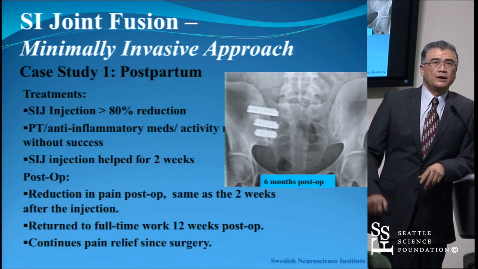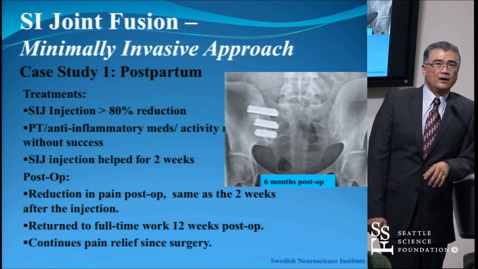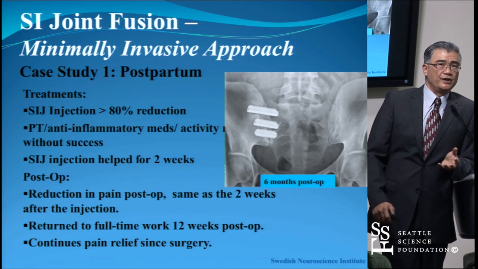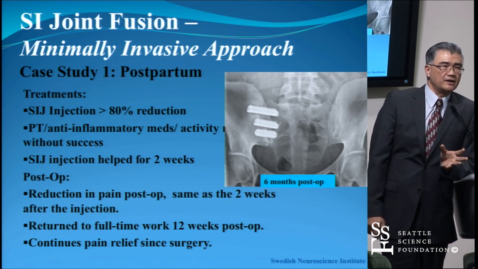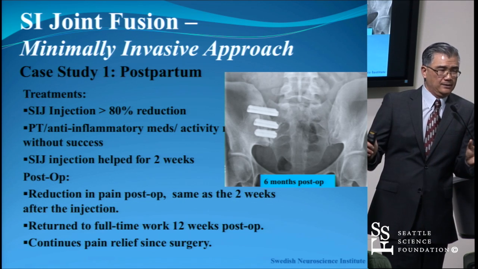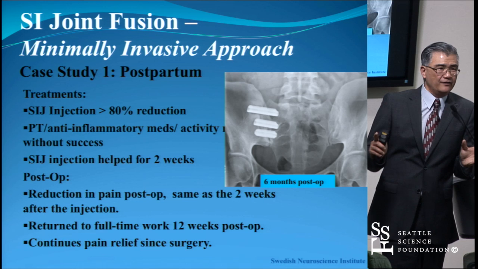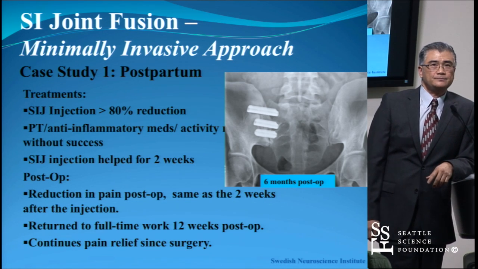Then we did an SI joint fusion, and the result is great, and the patient returned to full-time work within 12 weeks post-op. The reduction in pain post-op is the same as the 2 weeks after the injection. In those 2 weeks the patient thought, wow, all pain is gone. That is more than 80% relief. After surgery it is that kind of result.